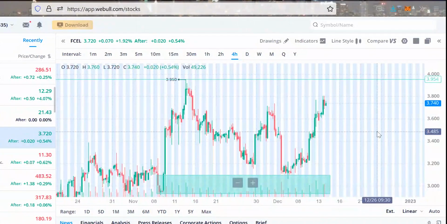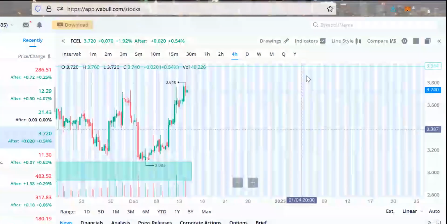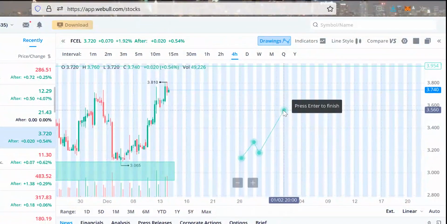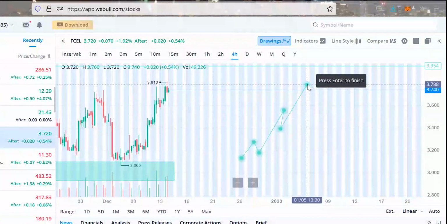In the last video, I shared order blocks. In this video, I'm going to share order blocks 2.0. What is the difference? Basically, let's say we have an example of price making a higher high.